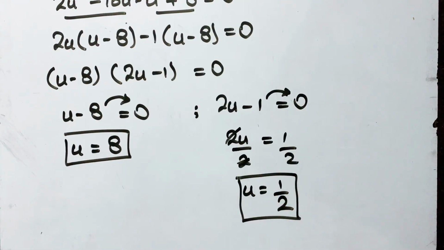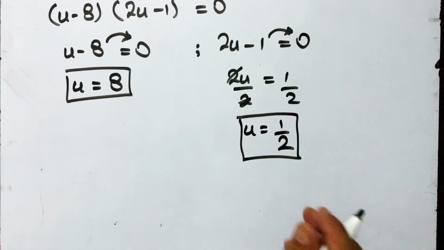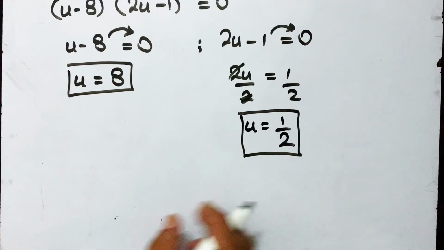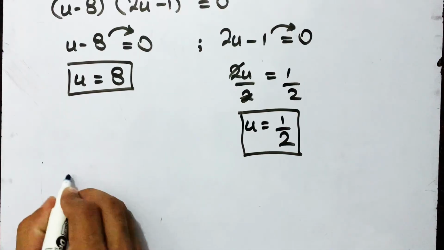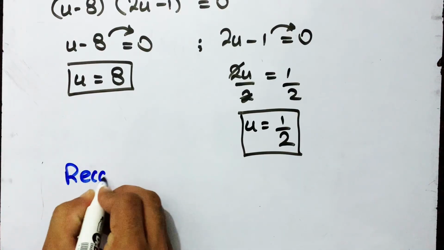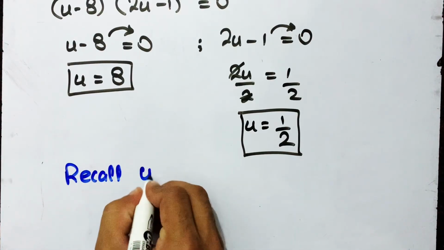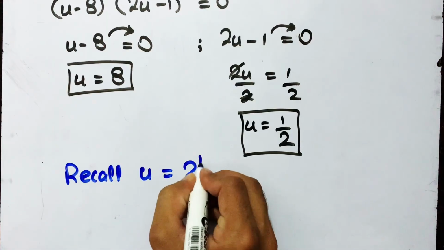So now we have found the u values. Now recall u equals 2 to the power of x.